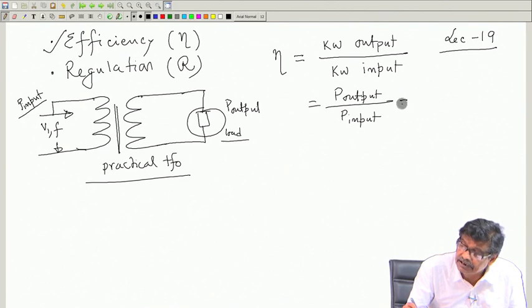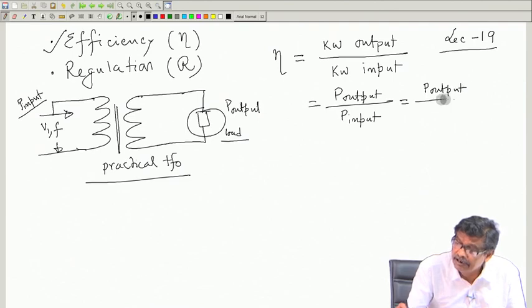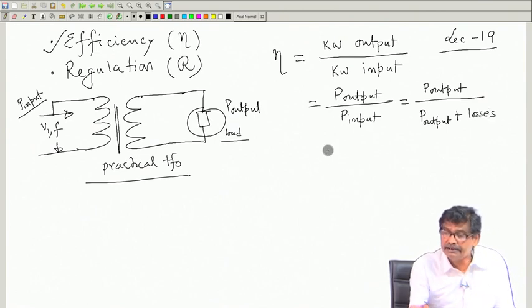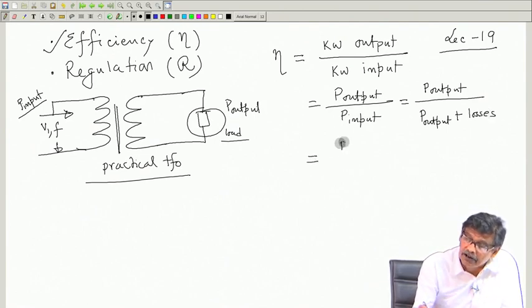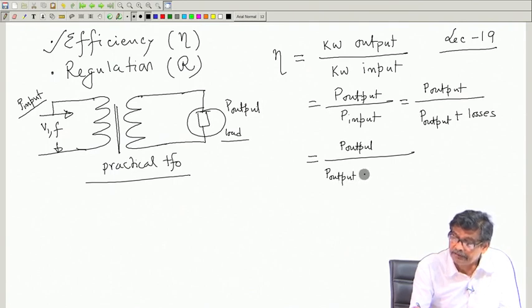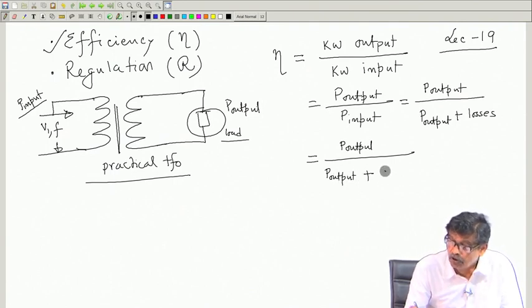So this can be written as P output, this is how we will calculate, divided by input, which is nothing but P output plus losses, and this is equal to P output in kilowatt or watt divided by P output plus core loss.